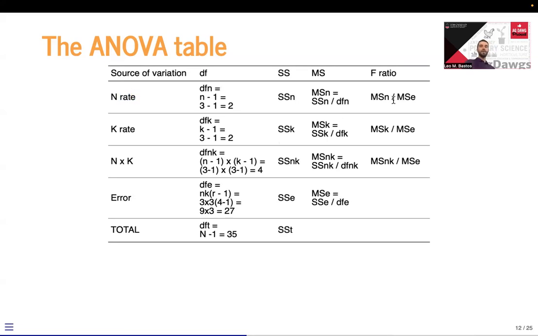Because if you think about it, you're taking the mean squares of that effect and dividing that by the mean squares of the error. Ideally, what we want is a very large mean square on top, meaning that you're explaining a lot of variability with your treatment, and a very small mean square of the error, meaning that you have very little noise that ended up in the error, right?